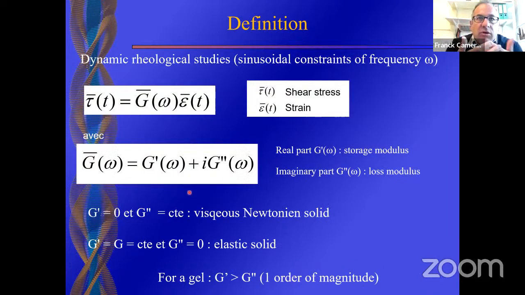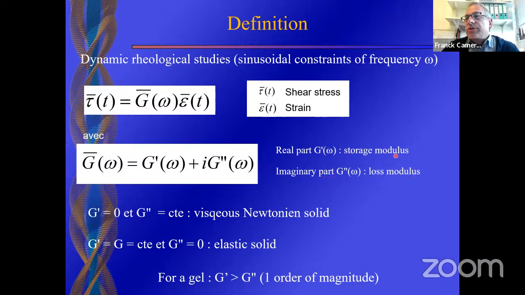But the more physical proof for gels comes from rheological studies. You basically measure, under oscillatory conditions, the real part, which is the storage modulus, and the imaginary part, which is the loss modulus.